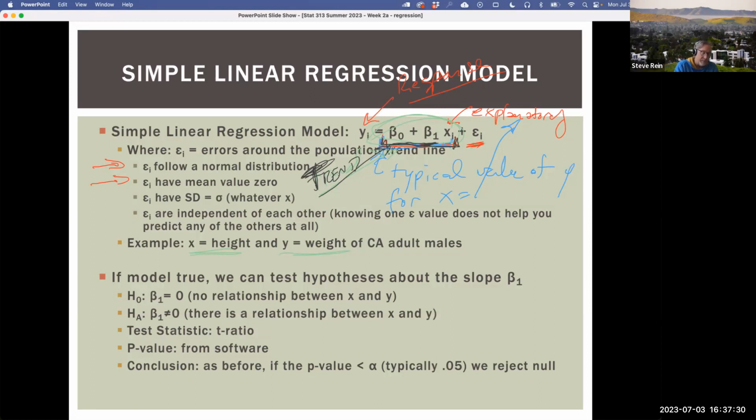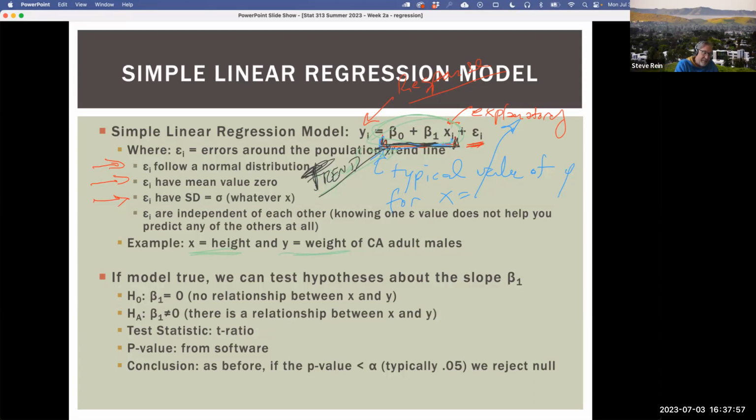Third, the errors don't tend to be positive for some X's and negative for others, and they all have the same spread around the trend line. How far away are people from the average? Well, it's going to be the same for 5'6" people as for 6'2" people. Same spread around the trend, whatever the height.